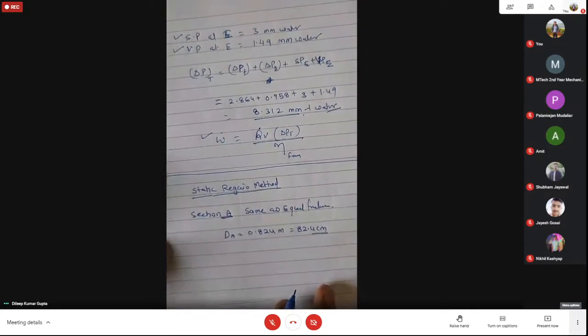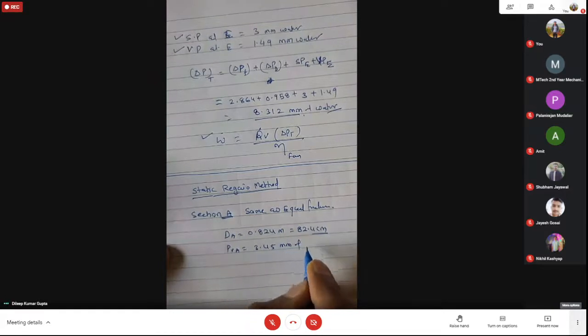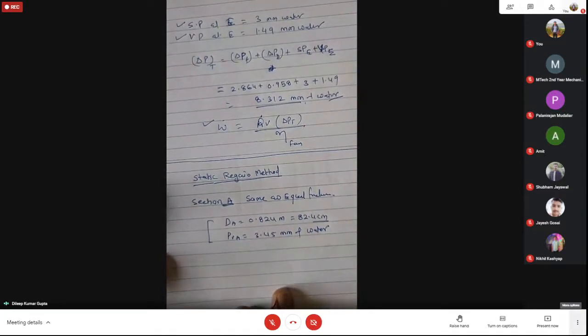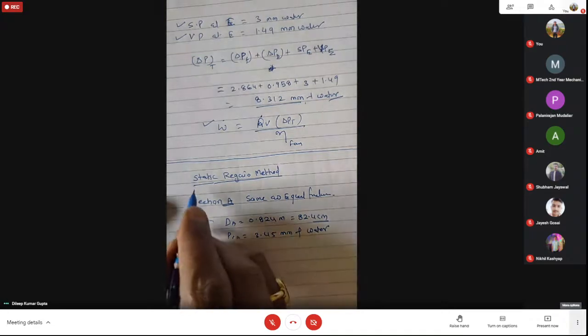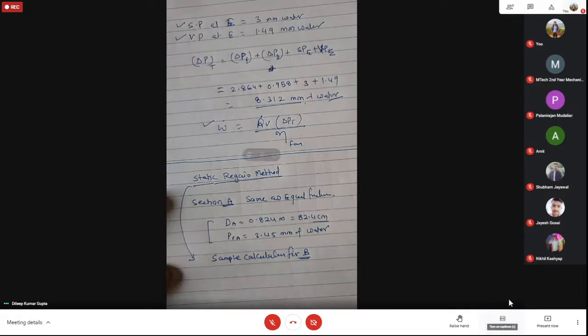Now the value of PV for section A was 3.45 mm of water. These two data we have already calculated from the previous one. Now for using the static regain method we will start the sample calculation for section B. From section B onward we will start the static regain method.